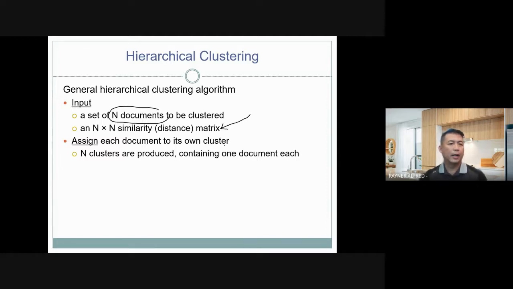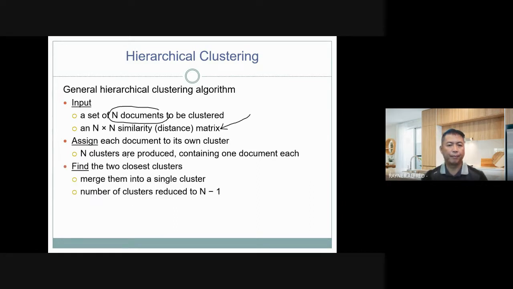Then we assign each document to its own cluster, meaning that we will group them. We will find the two closest documents and merge them together into one cluster.